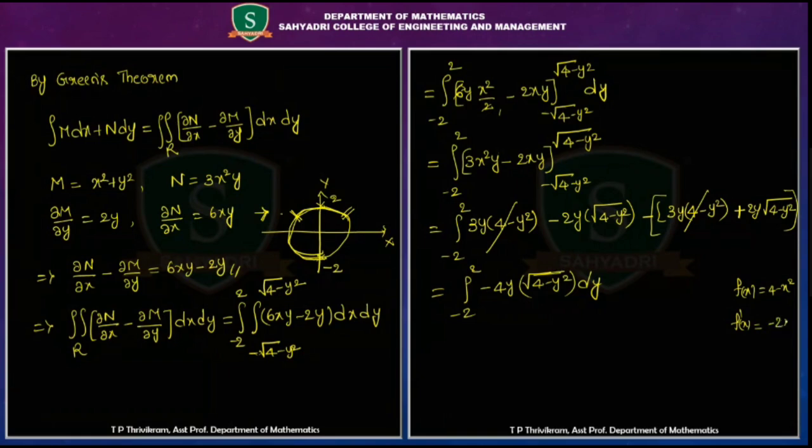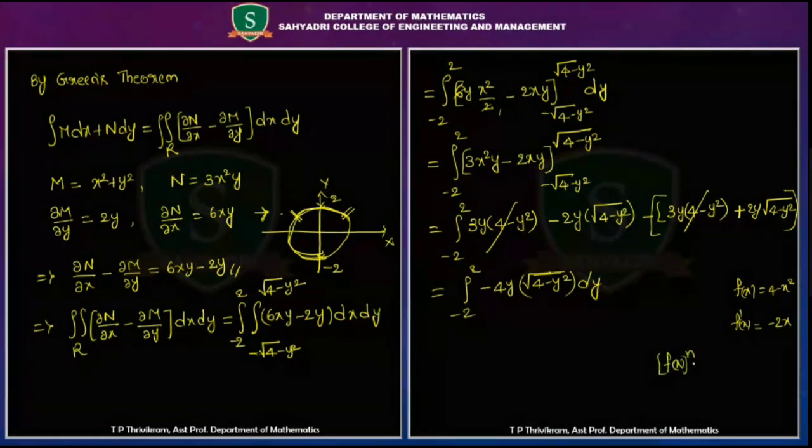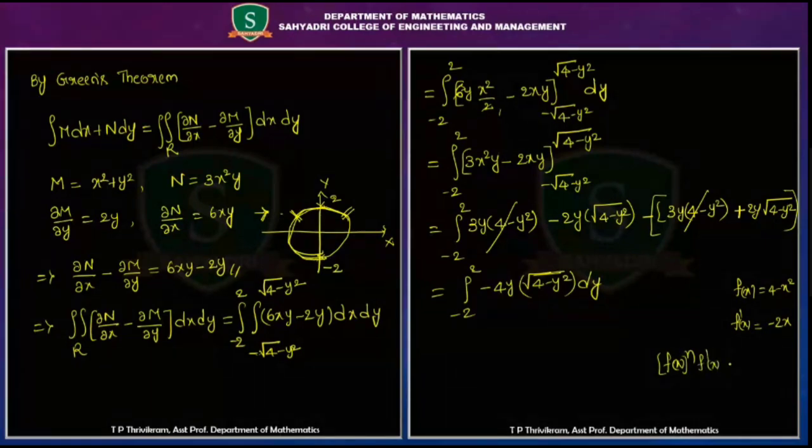Minus 2x, right? Minus 2x. So it is of the form f of x whole power n into f dash of x dx. So like previous, this can be written as f of x whole power n plus 1 by n plus 1.